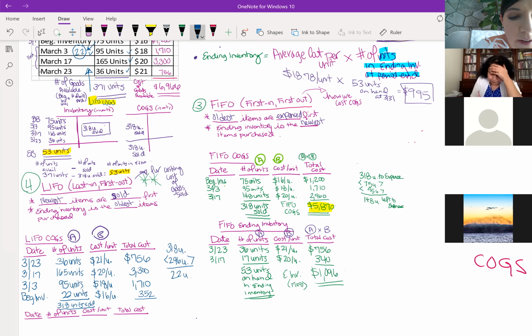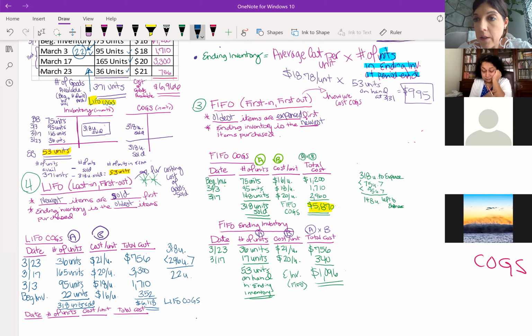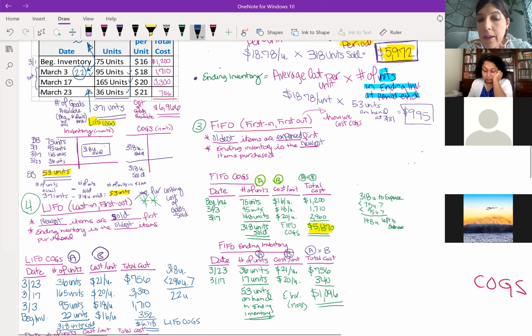And what's the value of LIFO's cost of goods sold? 6,118. And what do we know about LIFO's cost of goods sold in inflationary periods of time compared to the other methods? It's going to be the highest.